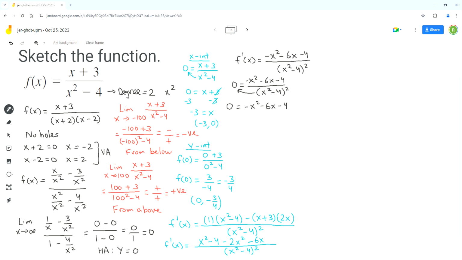Now this is a quadratic equation we have to solve, but we cannot use factoring to solve this equation. So we'll have to use the quadratic formula.